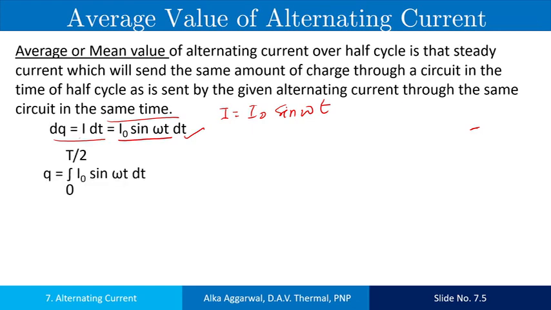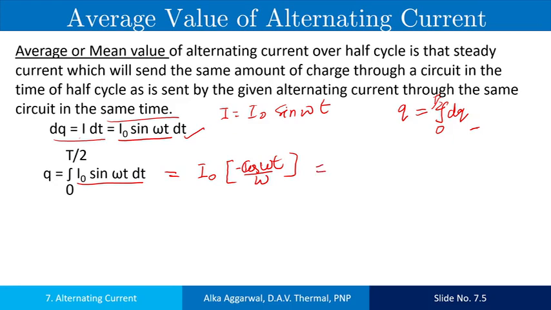Now the total charge is obtained by integrating dq for the half cycle. Now in place of dq we put I naught sin omega t. You know very well that I naught is a constant and the integration of sin omega t is minus cos omega t upon omega, right?